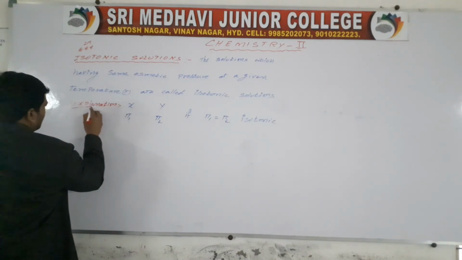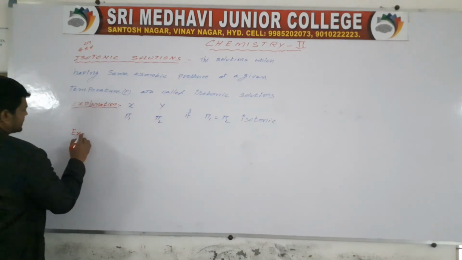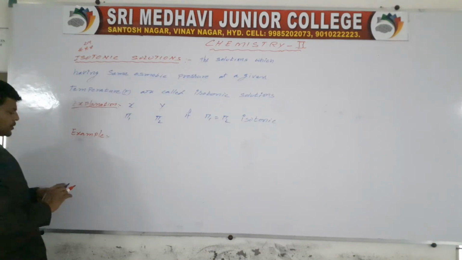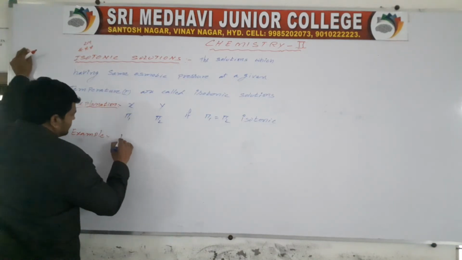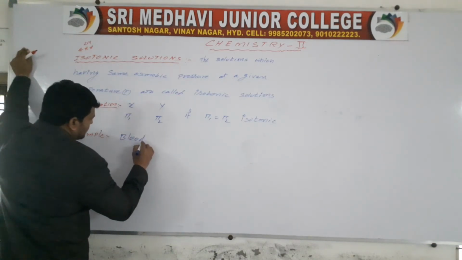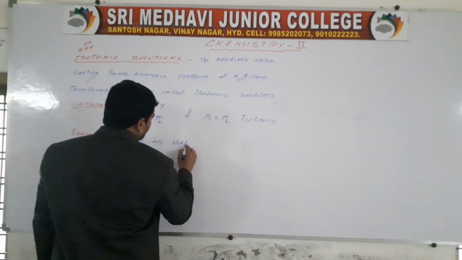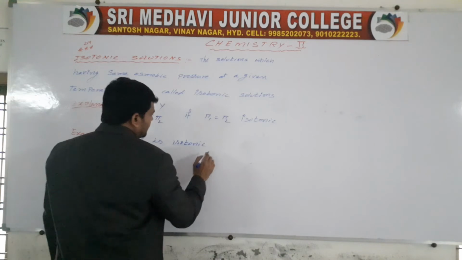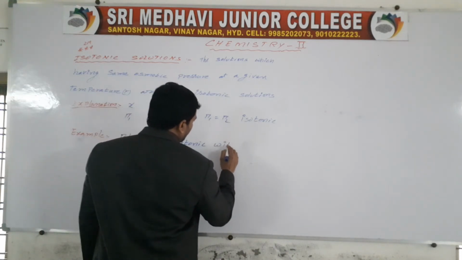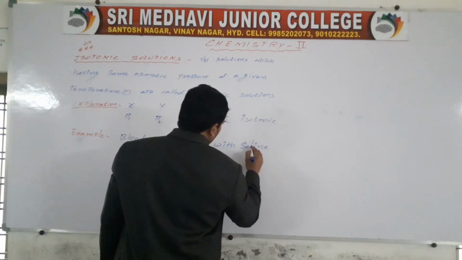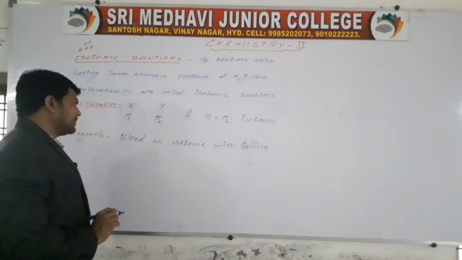Okay. Next I am going to do an example. Blood is isotonic with saline.